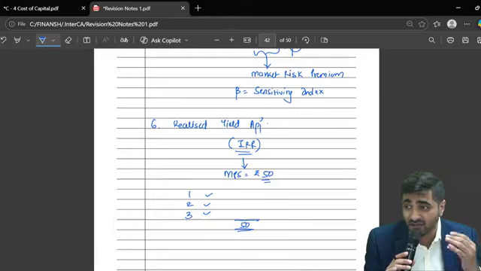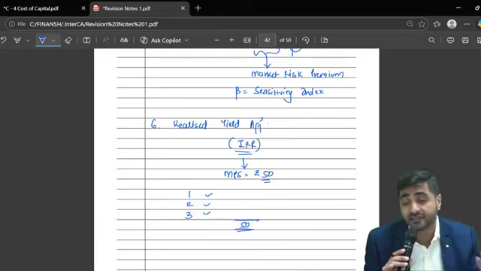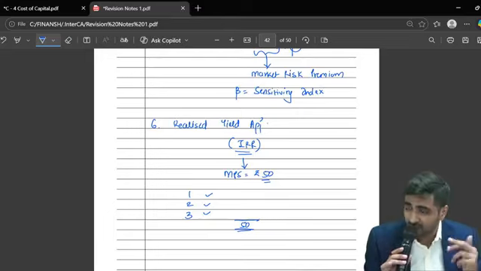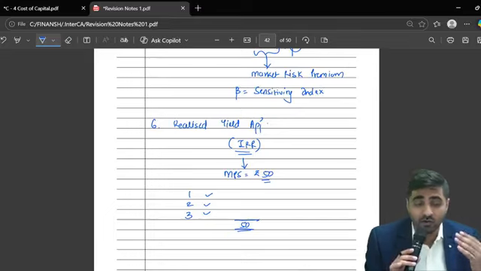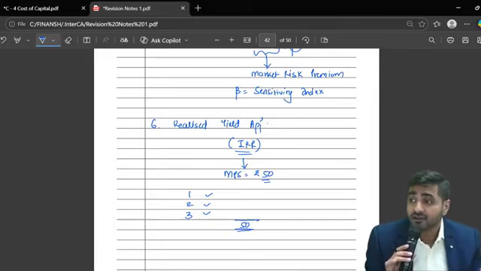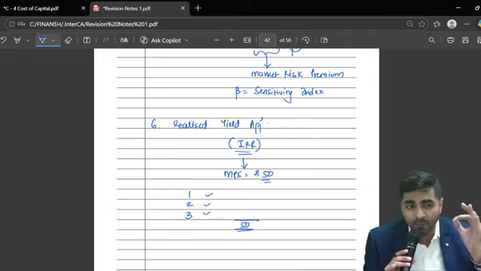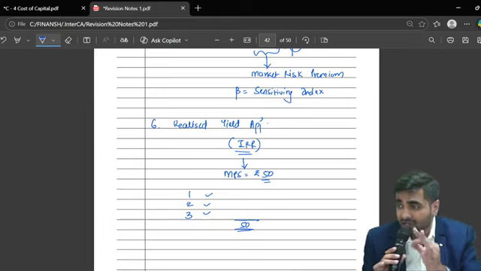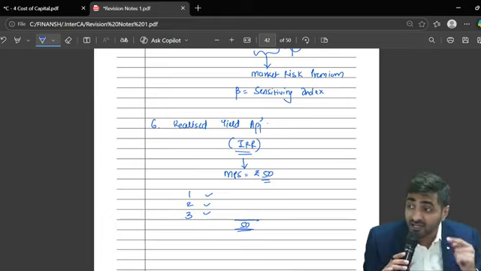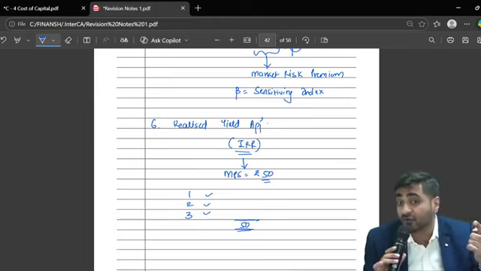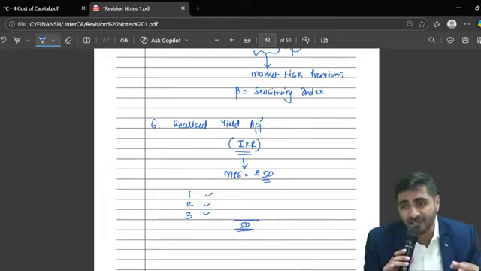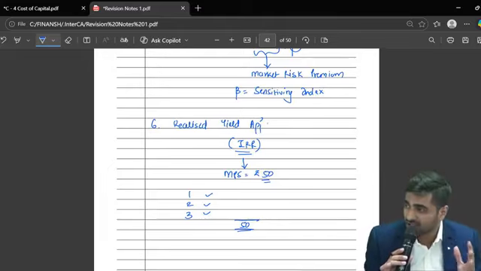When dividends are not given but earnings are constant: EPS upon MPS into 100. When dividends are growing at a constant rate, the dividend yield growth approach formula is D1 upon P0 into 100 plus G. And when the earnings are growing at a constant rate: E1 upon P0 into 100 plus G. On that basis, you can calculate.